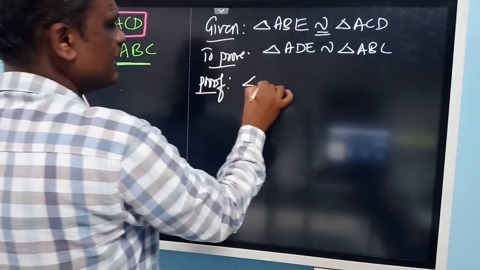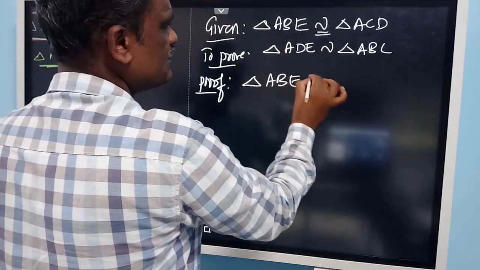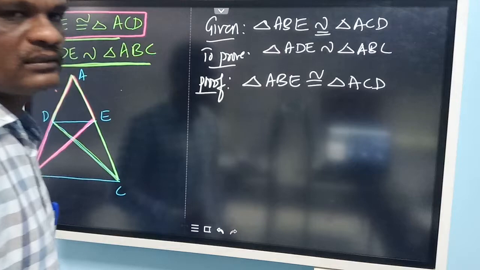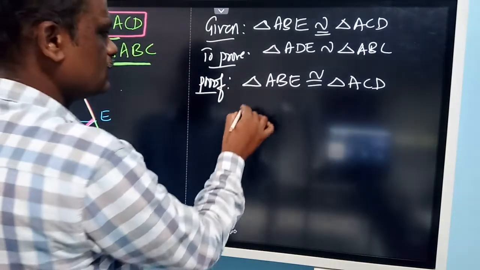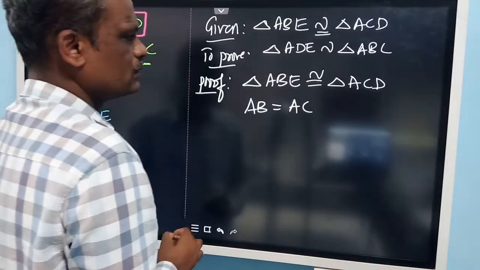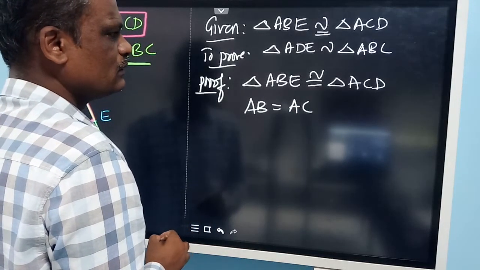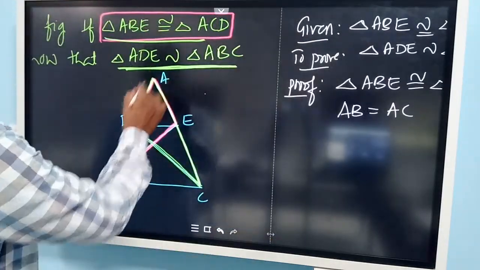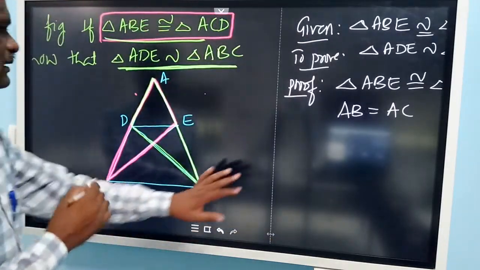Given that triangle ABE is congruent to triangle ACD means all the corresponding sides are equal. So I can write AB is equal to AC. Look at this diagram. AB is equal to AC.